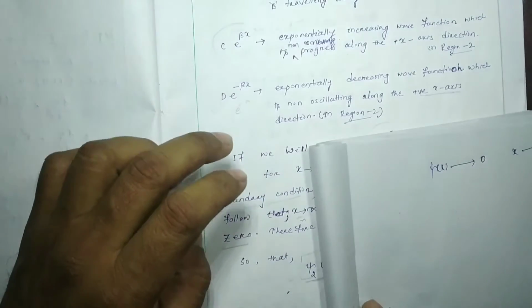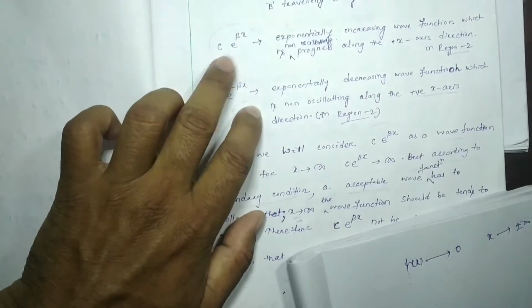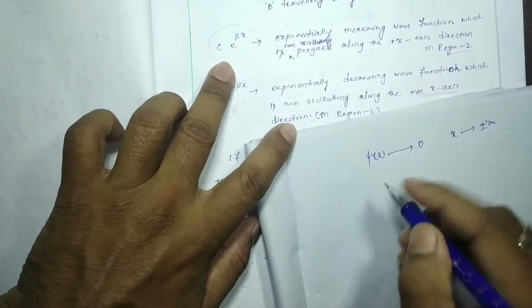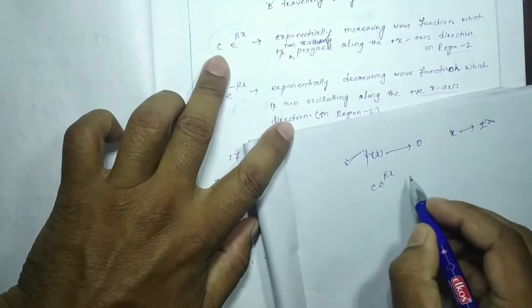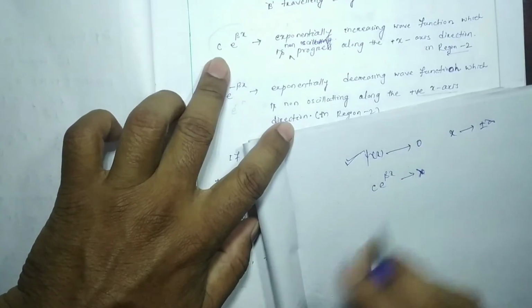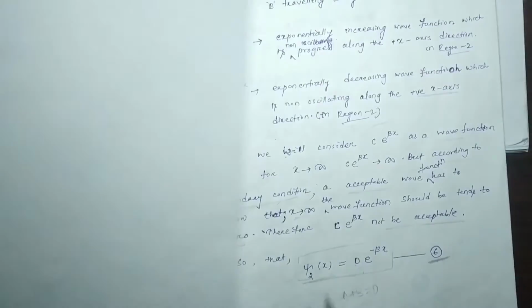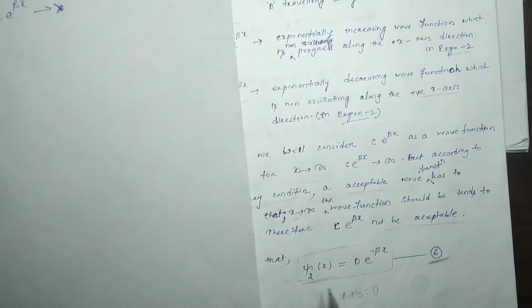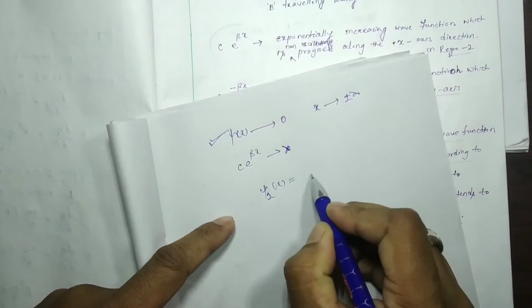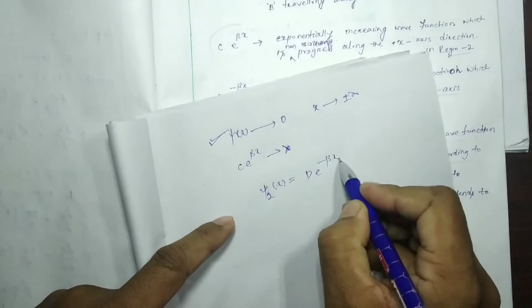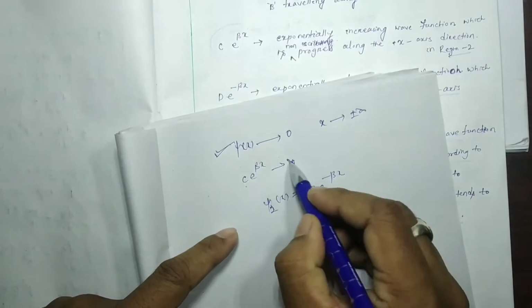But C e to the beta x could not follow this boundary condition, hence it is not to be considered. So finally psi 2 x will be d e to the minus beta x.